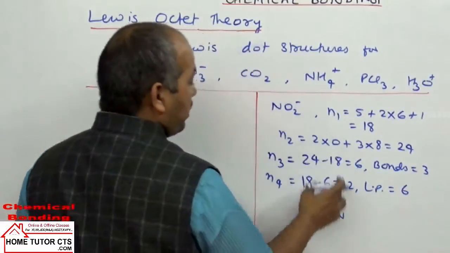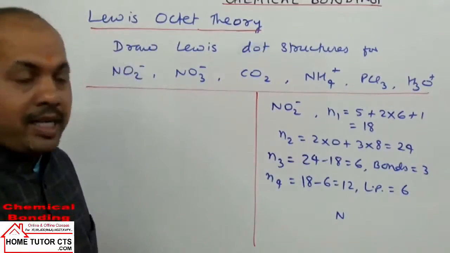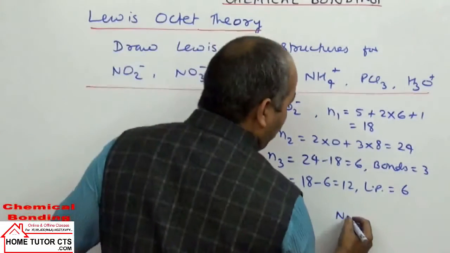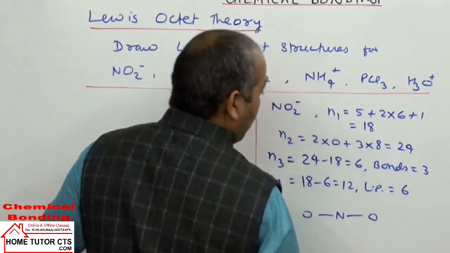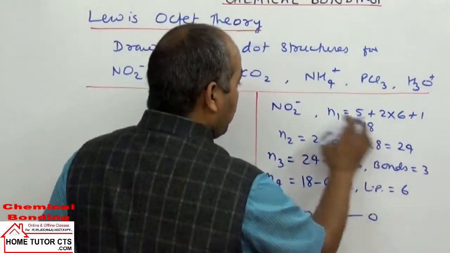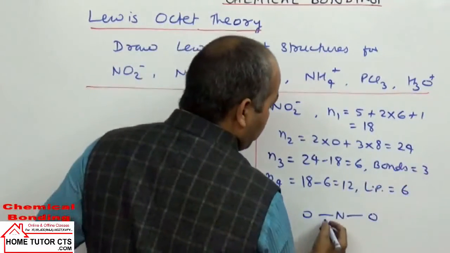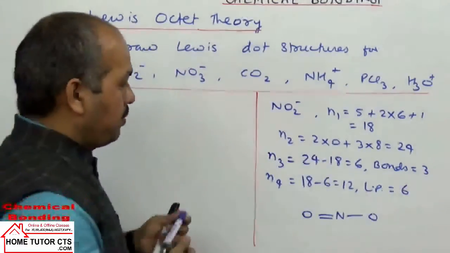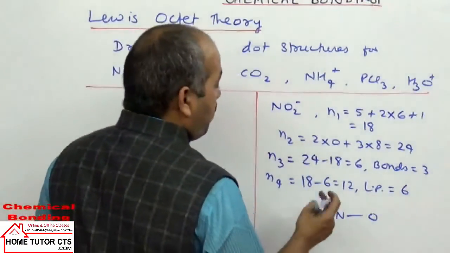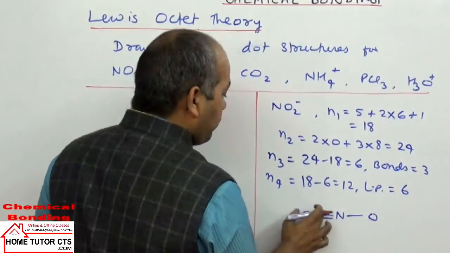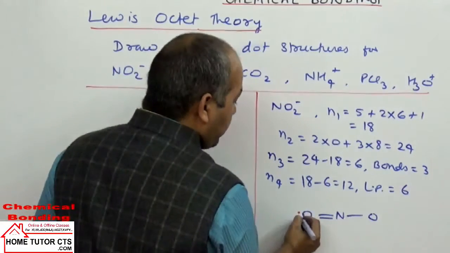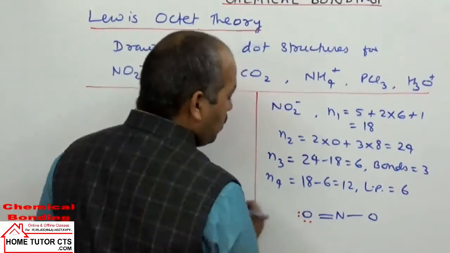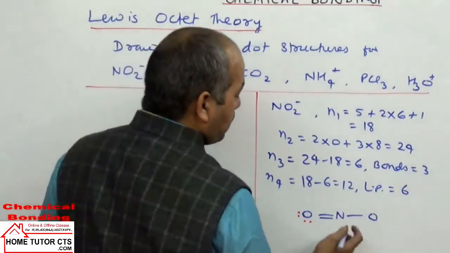Now, obviously nitrogen will be taken as the central atom around which you can arrange the oxygen atoms. We have 2 oxygen atoms but 3 bonds. 3 bonds means we should have 1 double bond. And now place the lone pairs. O has 2 bonds, meaning 4 electrons, so it needs 2 more lone pairs.